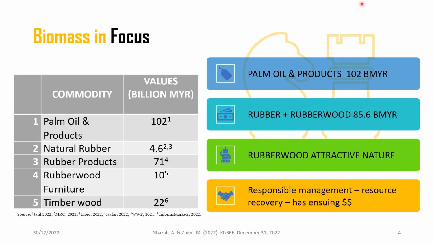Alright, that said, the biomass in focus are the top agro commodity, oil residues and felled rubber wood from a rubber plantation, which all rank first for contributing immensely to the prosperity not limited to Malaysia.